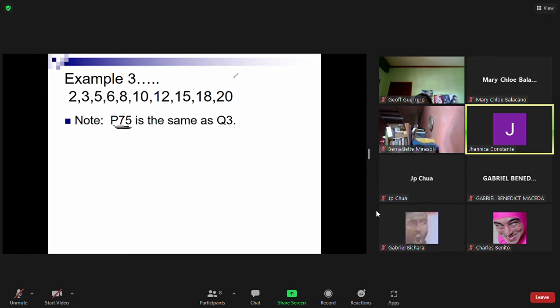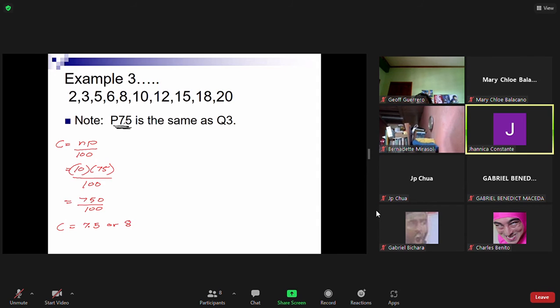So we're going to use the position locator formula, which is C = NP divided by 100. So we have 10 times 75 divided by 100. So we have 750 divided by 100 equals 7.5. So that is our C. Since it's a decimal, we're going to round it up, which is equal to 8.